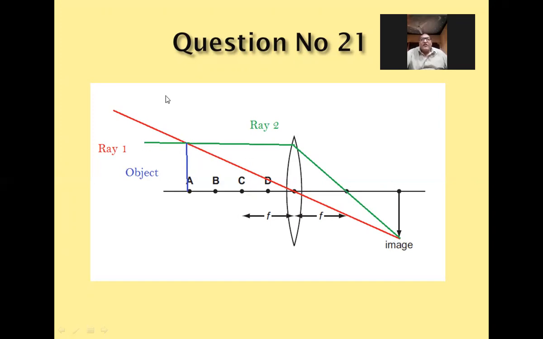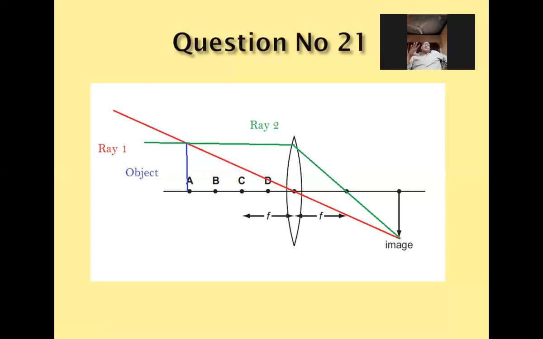This green ray, ray number 2, I hope you have understood. Where these red and green rays intersect each other, there the object is placed. So the object will be placed at position A.